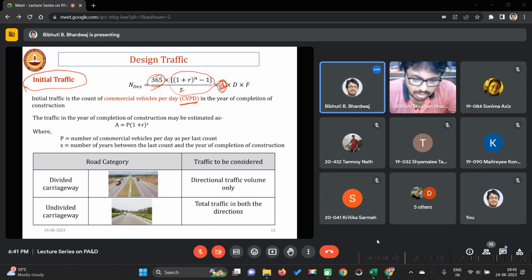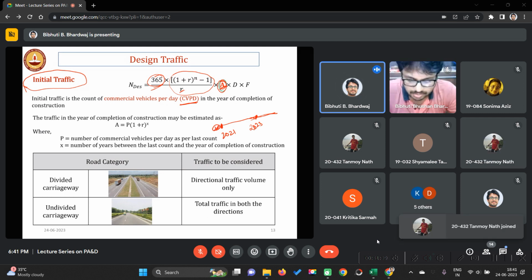So if you start constructing the road in, say, 2021, and the road gets finished in 2023 and is operational from 2023, but you consider only the traffic that you counted in 2021 using the traffic survey, then it is very wrong, because in these 2 years also there will be some growth.